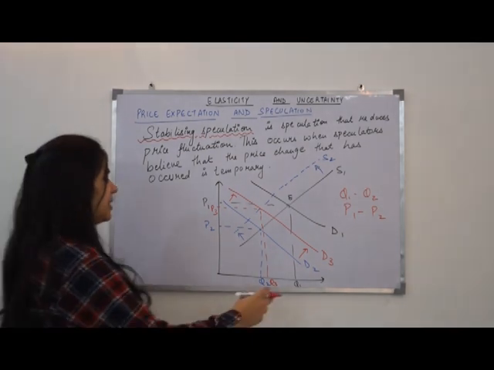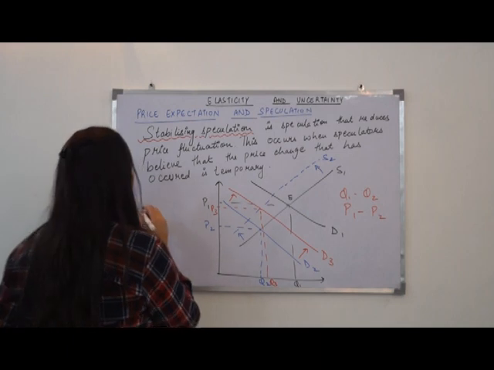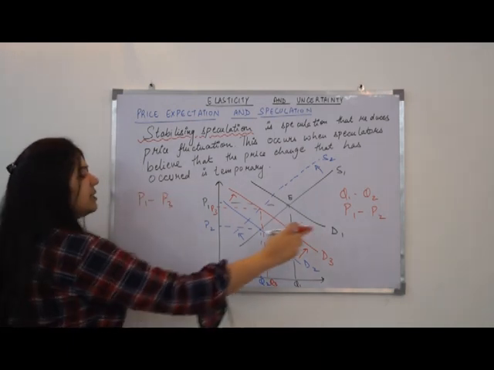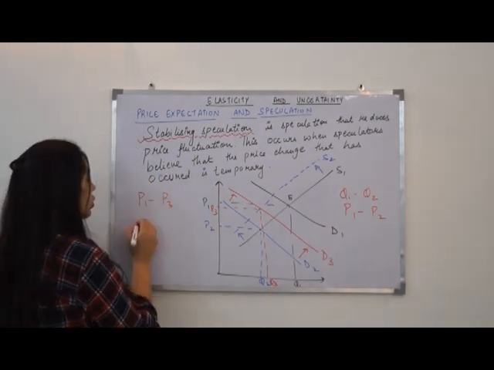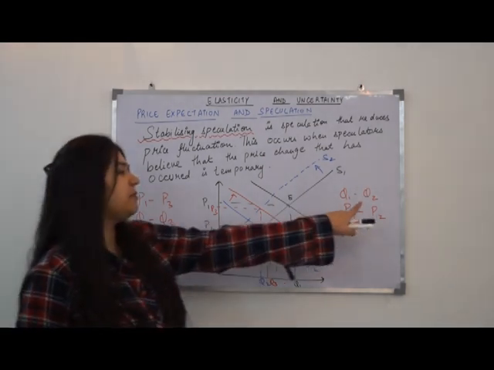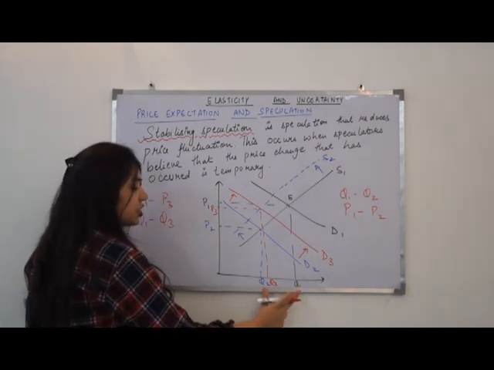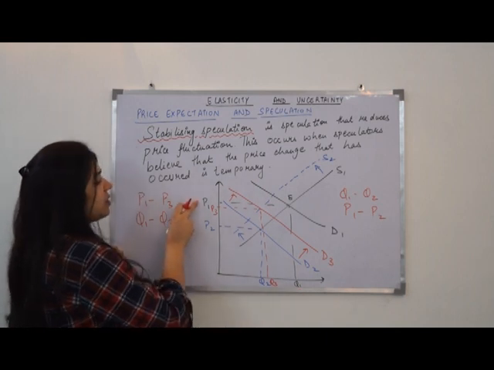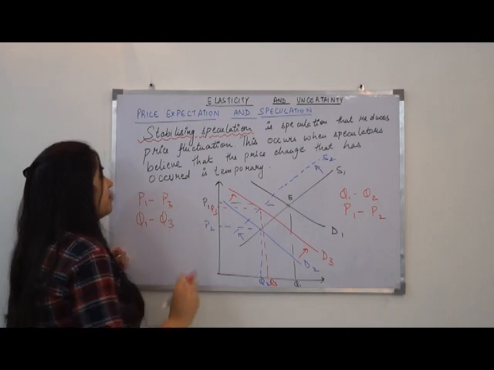But we have seen that due to speculation present in the market, the price only dropped by P1 minus P3, which is a lot less than P1 minus P2. And the quantity traded also did not fall as much as was expected in the previous case, because you can see that Q1 minus Q2 is larger than Q1 minus Q3, and similarly P1 minus P2 is larger than P1 minus P3.